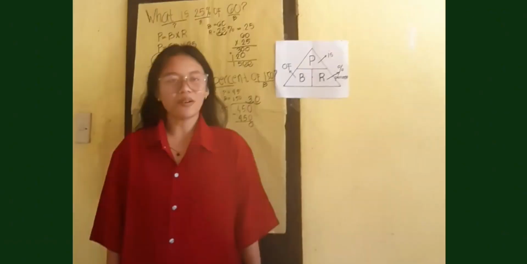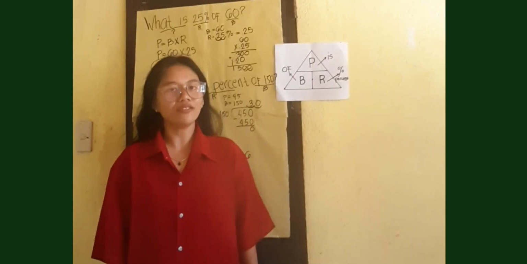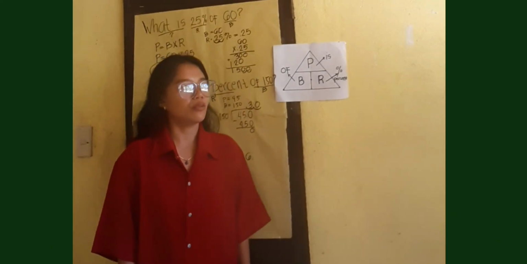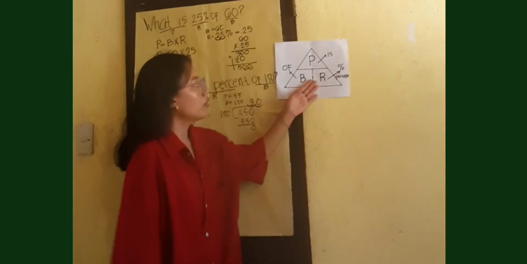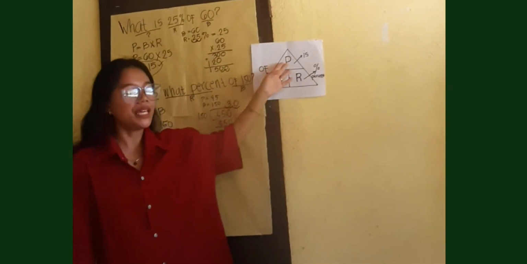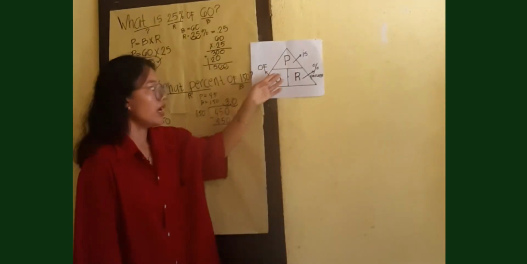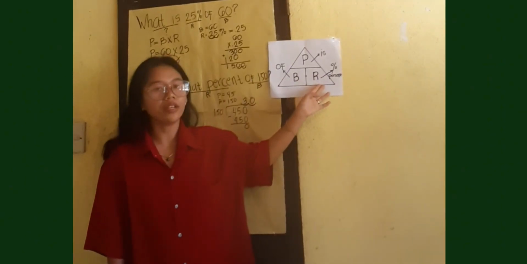Okay, class. Before I give you another example, I will give you some tips on how to identify the missing elements. So, here, I have a triangle. P here stands for the percentage, B represents the base, and R represents the rate.